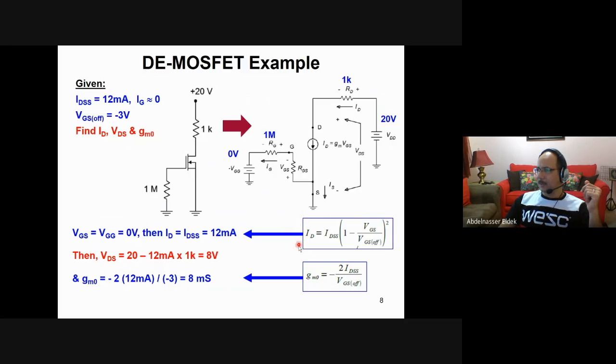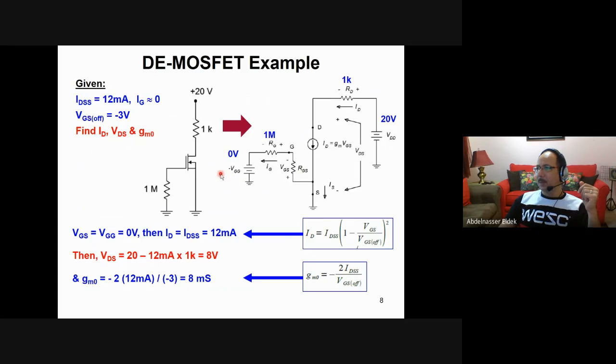ID is here. So ID equals IDSS, 12 mA, times 1 minus VGS. What's VGS in this case? VGS is the voltage between the gate and the source, which is the same as the voltage between the gate and the ground here because the source is connected to the ground.